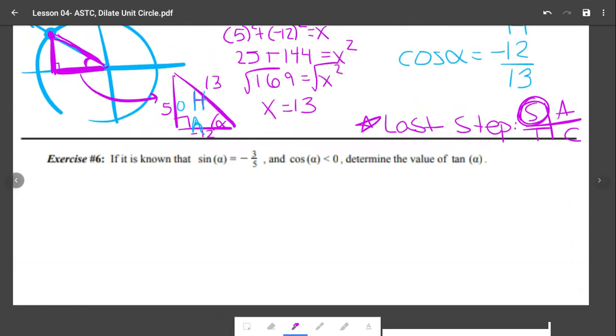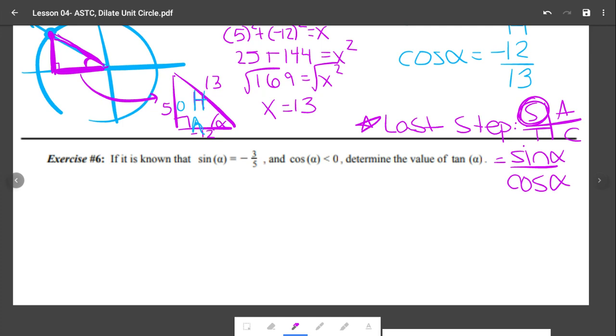All right, last question. It is known that sine of alpha is equal to negative 3 over 5, and cosine of alpha is less than 0. Determine the value of tangent of alpha. Now, tangent, remember, is sine divided by cosine.